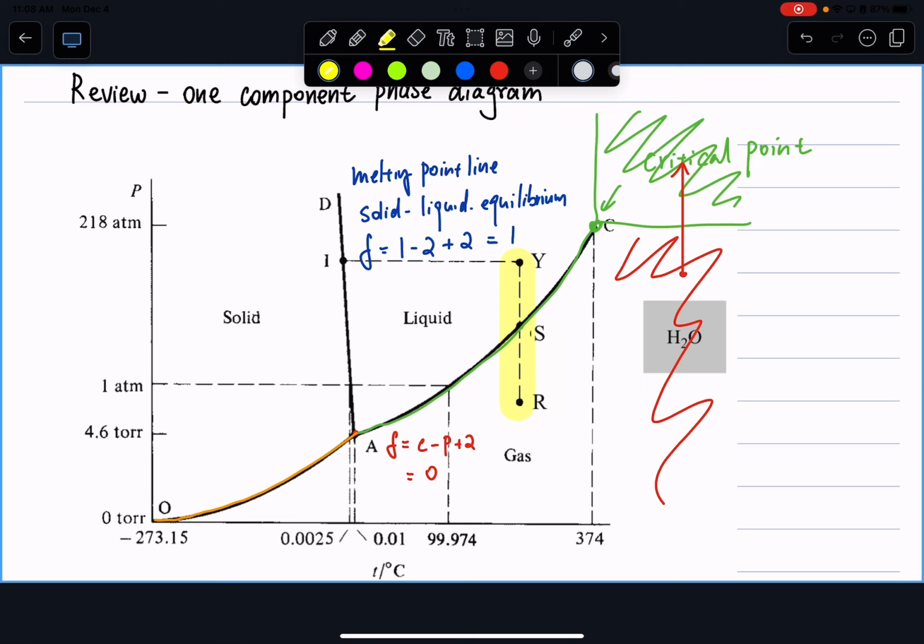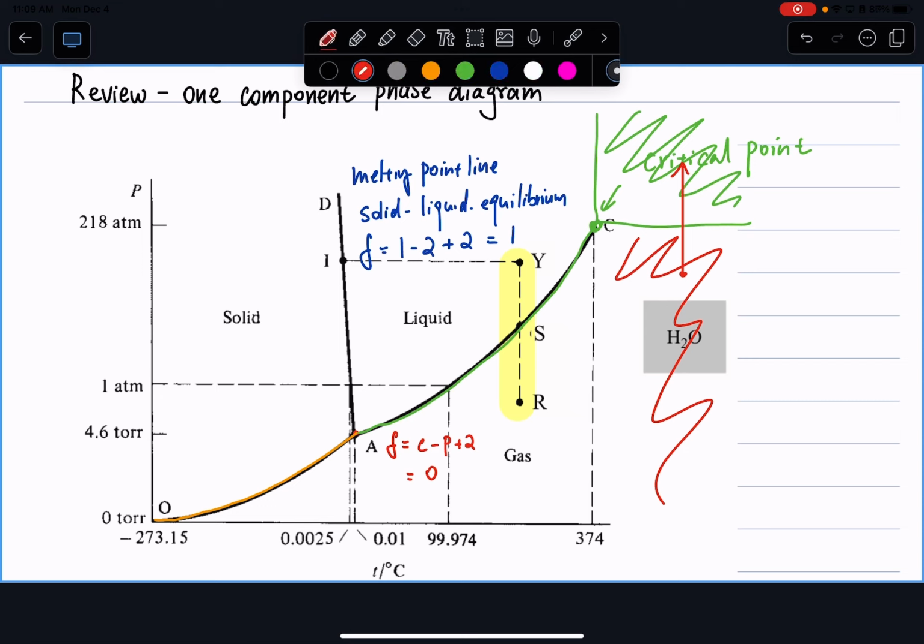From now, we're going to use our thermodynamic knowledge of the system to come up with a plot from your phase diagram that shows the correlation between your Gibbs free energy, or your molar Gibbs free energy, or your chemical potential, versus pressure at constant temperature.